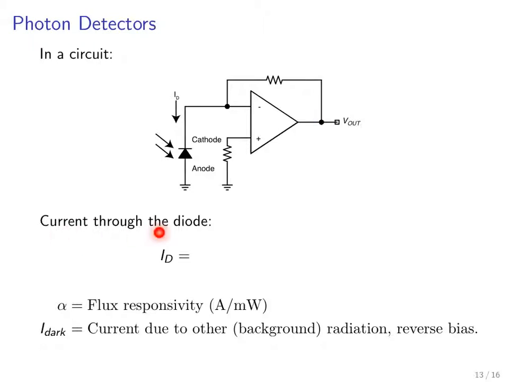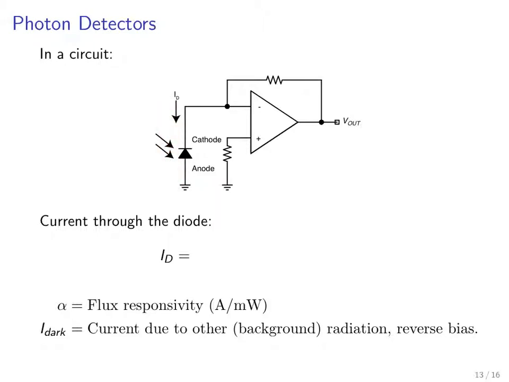Note again that this I sub d is referenced opposite the direction that you would normally have current going through a diode, which would be from anode to cathode. We are doing the opposite, going cathode to anode.